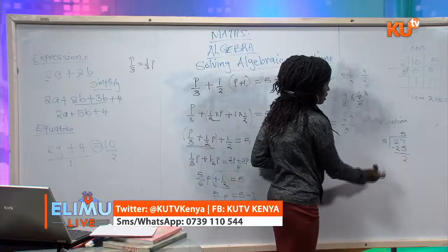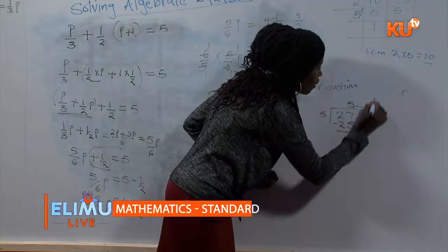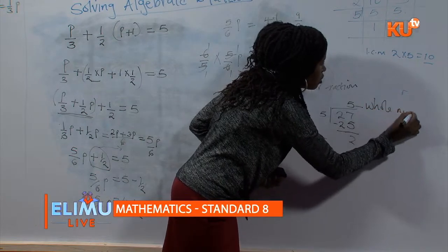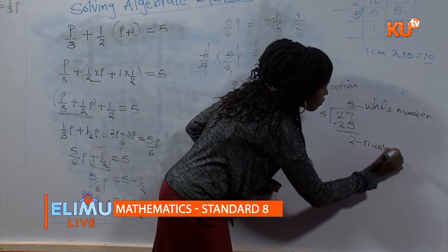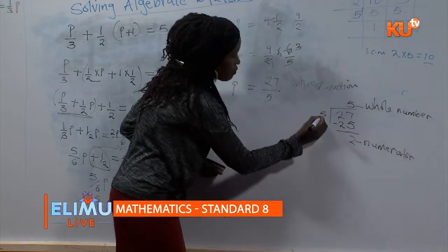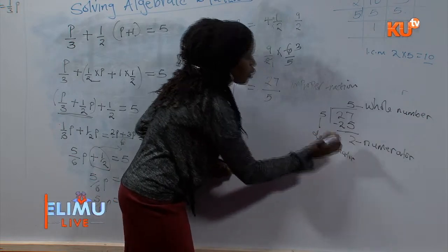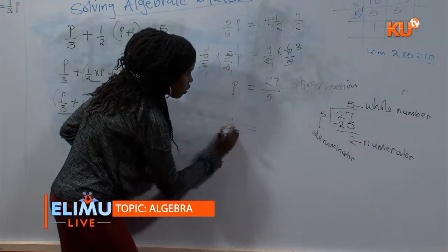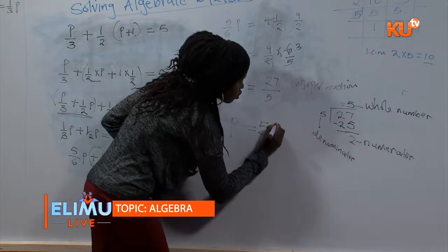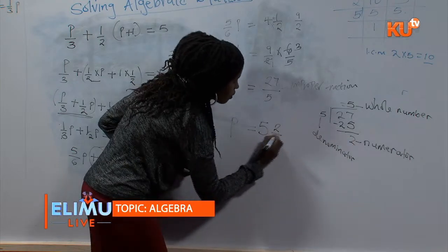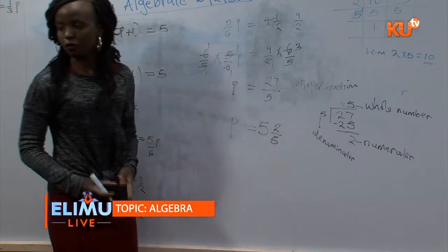When we get this, some people get confused. They really don't know what to write. So this number on top is going to be our whole number, this 2 is going to be our numerator when we are forming the fraction, and this 5 is going to be our denominator. So with that, we come down and copy. Our value of P is going to be 5, our whole number, then 2 over 5. So the value of P is 5 and 2 over 5.